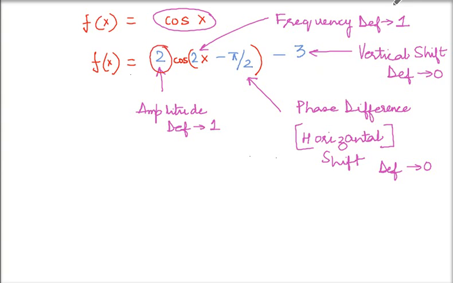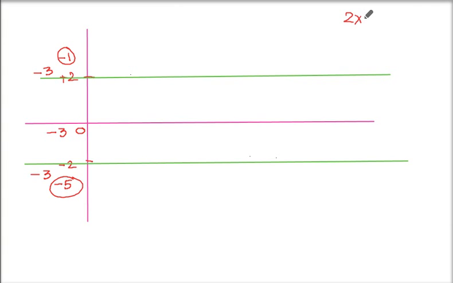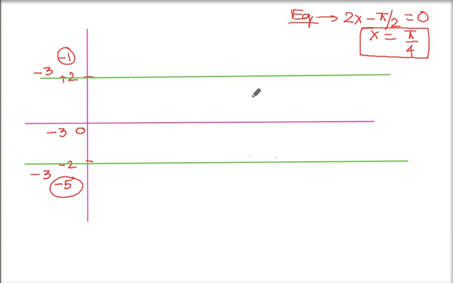Now the graph is shifted horizontally by pi over 2, or what you could say is that 2x minus pi over 2, at which value is this going to be equal to 0? If you solve this equation for x, you'll get x is equal to pi over 4.